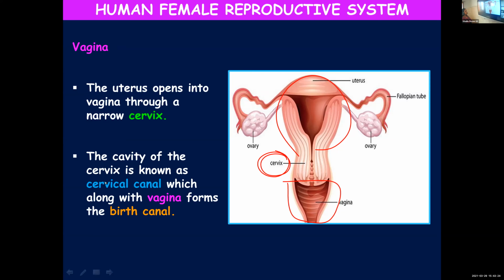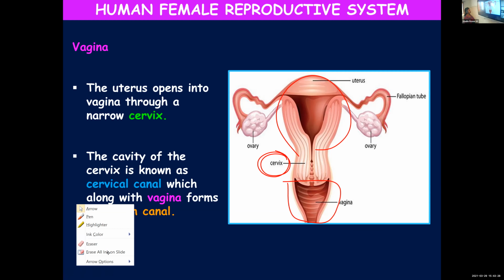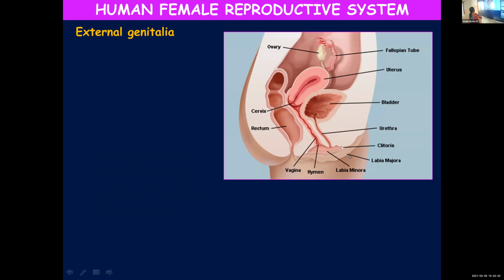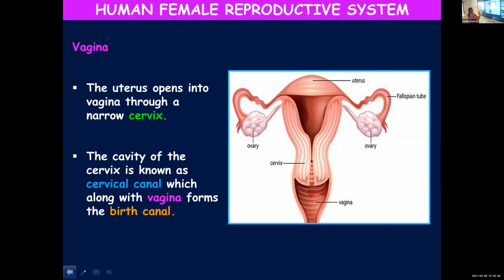The cavity of the cervix is known as the cervical canal. Cervix encloses a space, a canal, and that cavity you call the cervical canal. And the cervical canal along with the vagina together we call the birth canal.